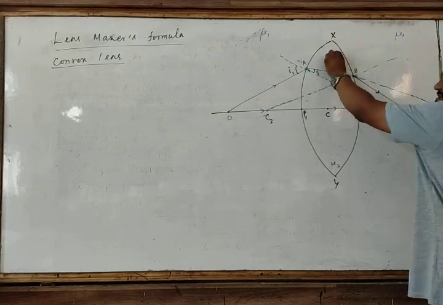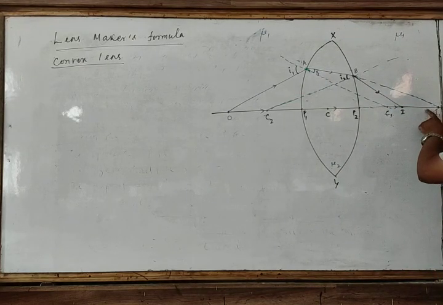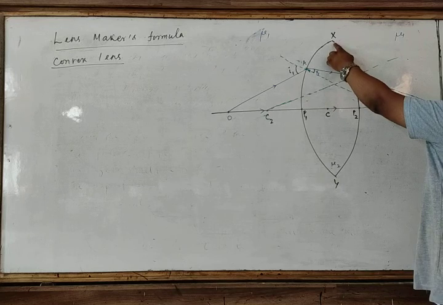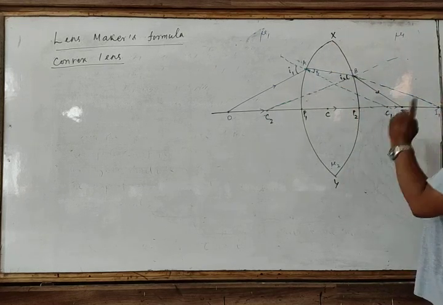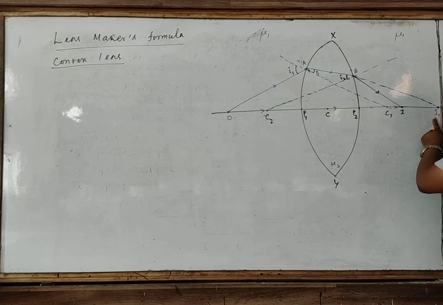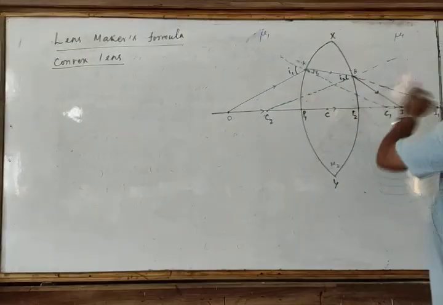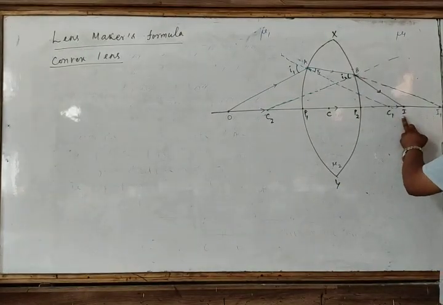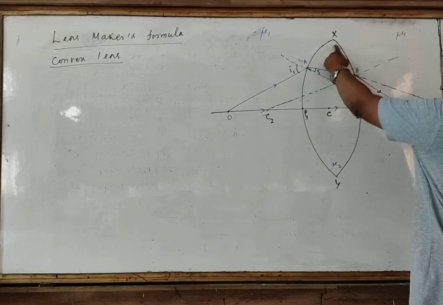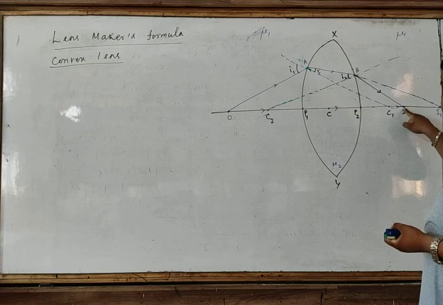There is nothing in the denser medium, but I can say that this ray is coming from I1. So I1 is an object for the surface XP2Y. For refraction on the surface XP2Y, I1 is an object. Which type of object? It is a virtual object, not a real object. And I is the real image for the surface XP2Y, because the rays actually intersect on the principal axis. Clear?